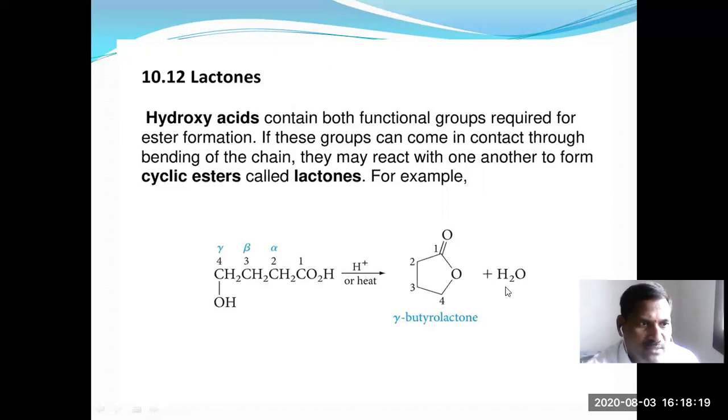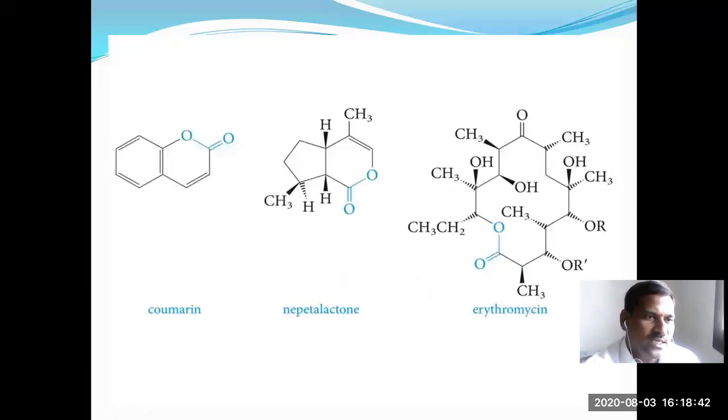So lactones are nothing but cyclic esters. Compounds having a carboxyl group and an OH group in the same compound undergo esterification reaction, and you can get the lactones. See here, these are all lactones. This is coumarin.